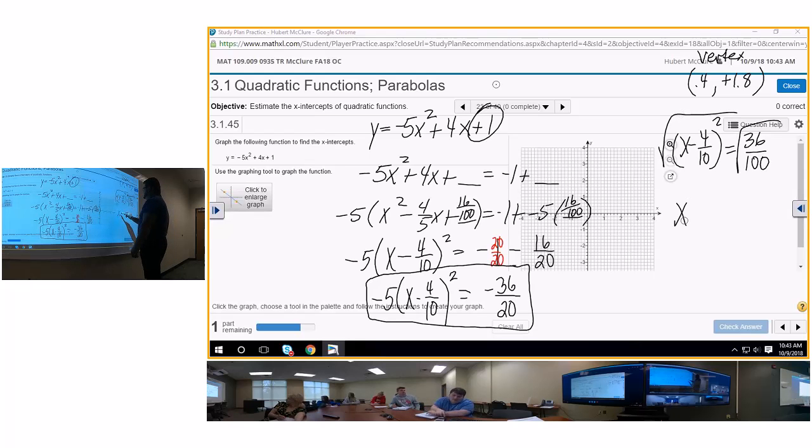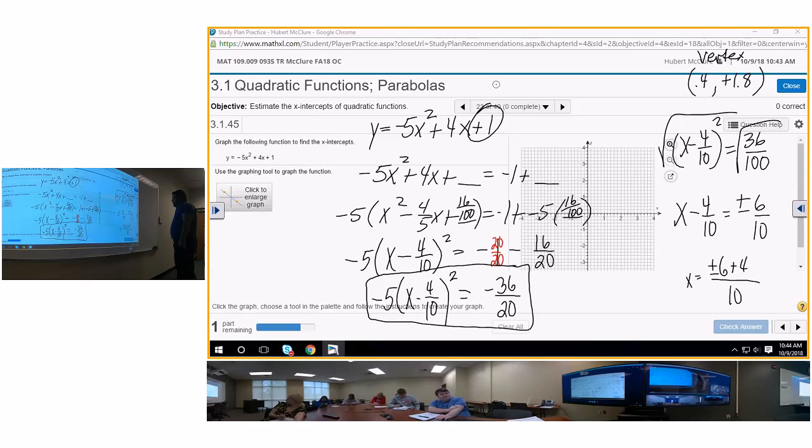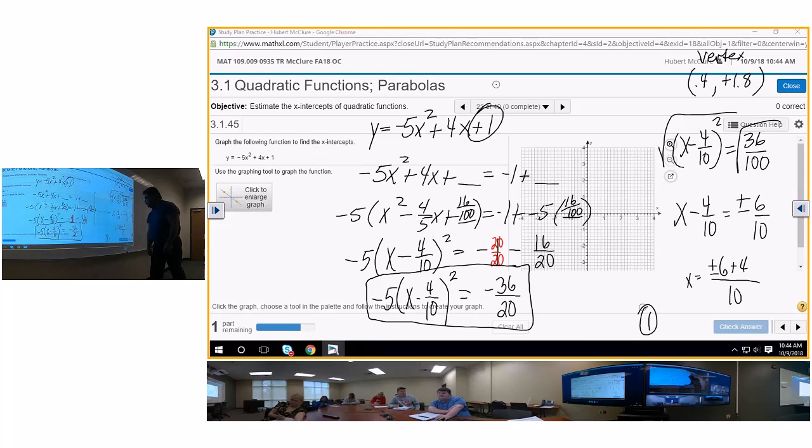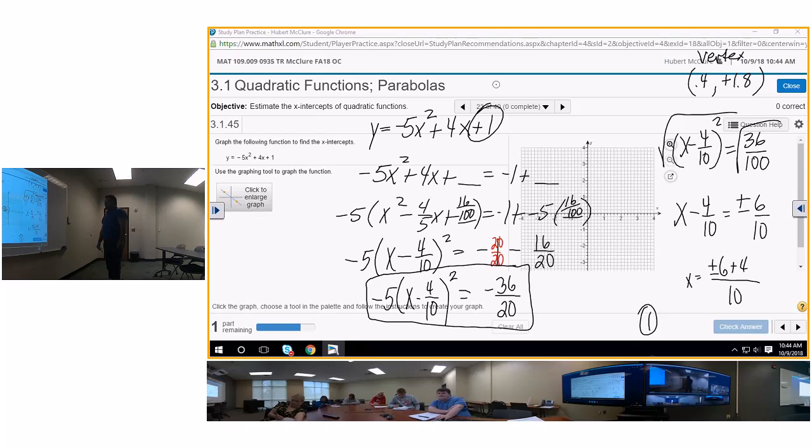So x minus 4/10 is equal to positive or negative 6 over 10. And x is equal to positive or negative 6 plus 4 over 10. What's 6 plus 4? 10. And 10 divided by 10, punch it in your calculator. 1. Negative 6 plus 4 is negative 2 over 10 is negative 0.2.